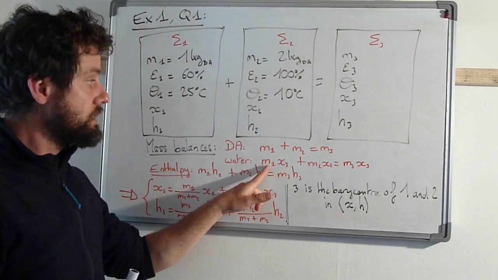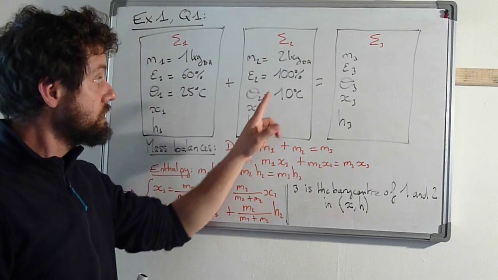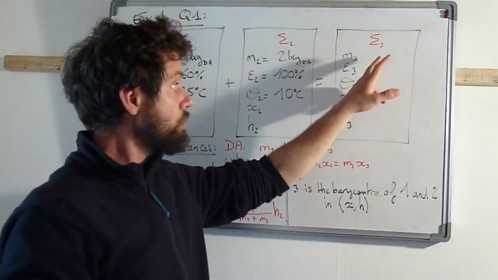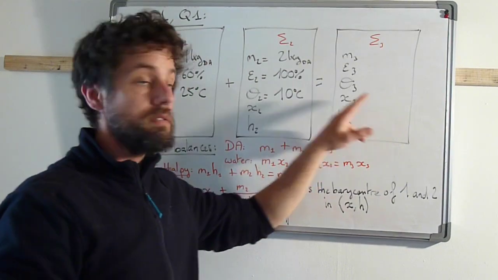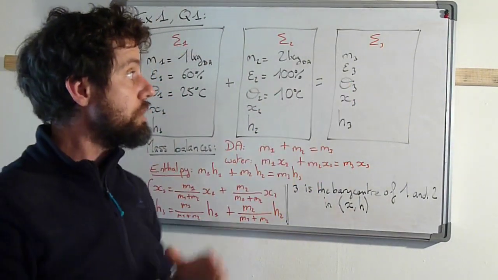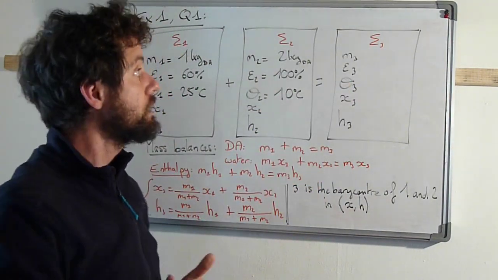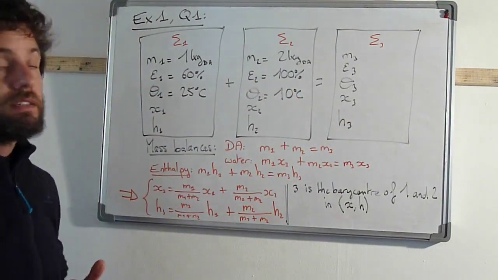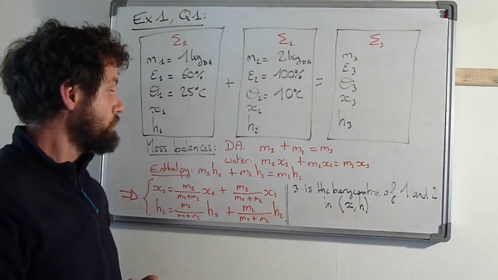So we get M1 X1 plus M2 X2 is equal to M3 X3, because the water mass in system 3 is the sum of the water mass we had in system 1 and 2.